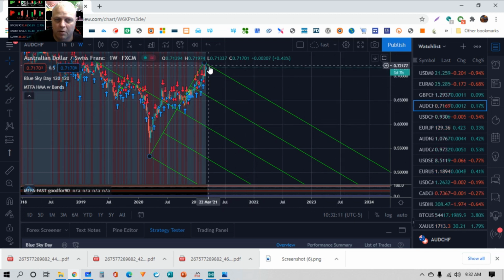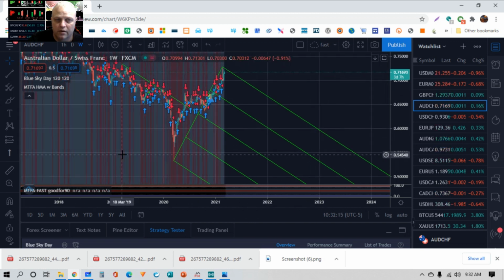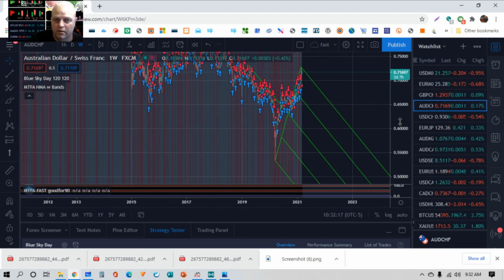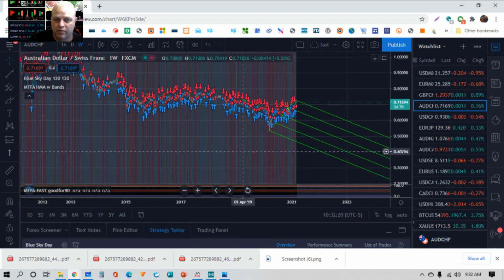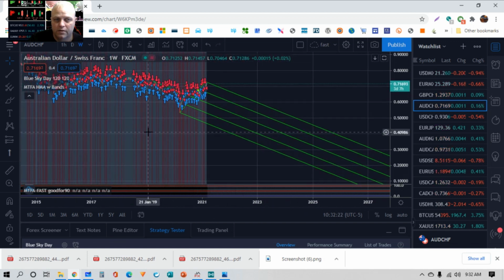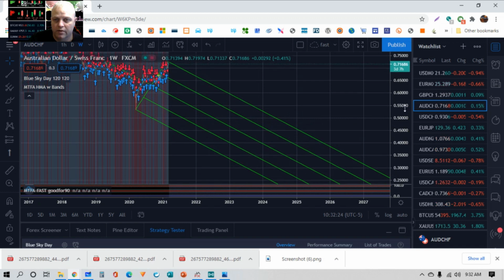So if it should come up, bounce, and then continue down in here. Well, we'll talk about pitchforks later, because it's kind of what a downward trend looks like.